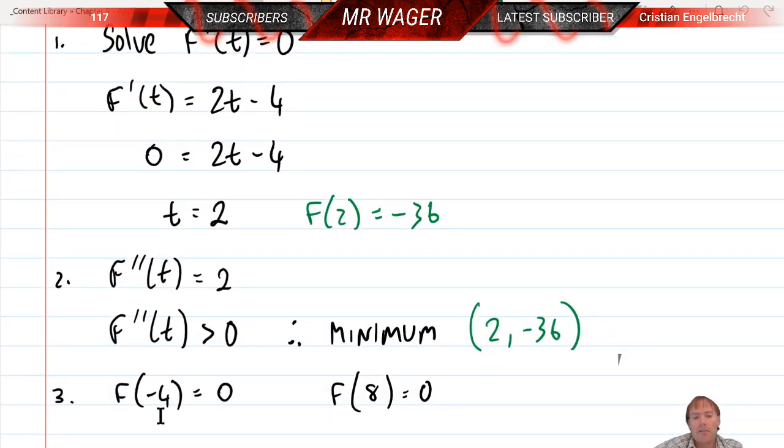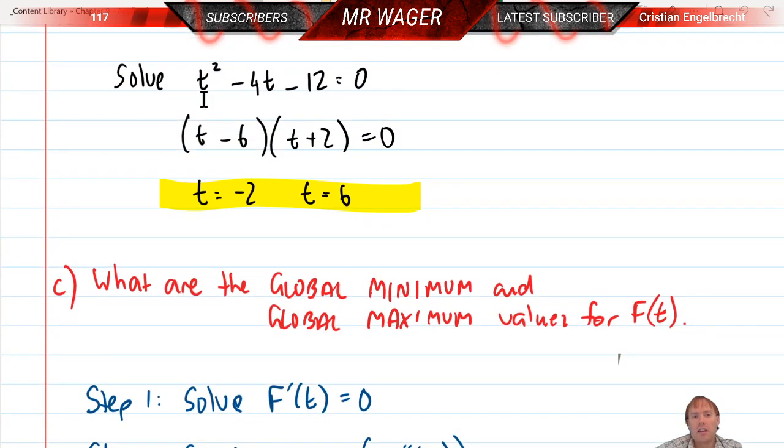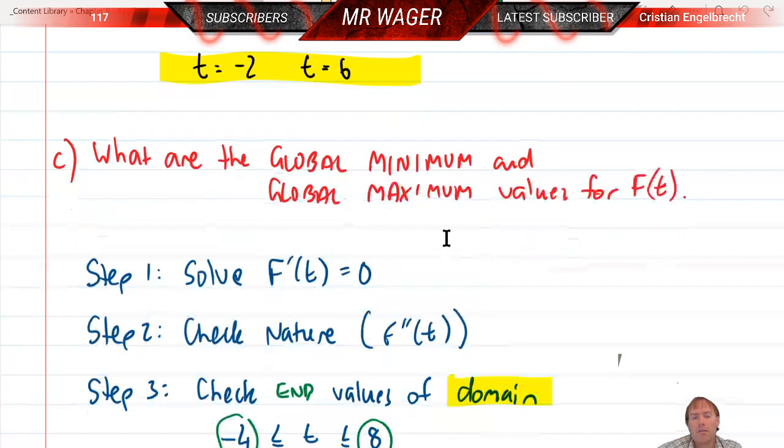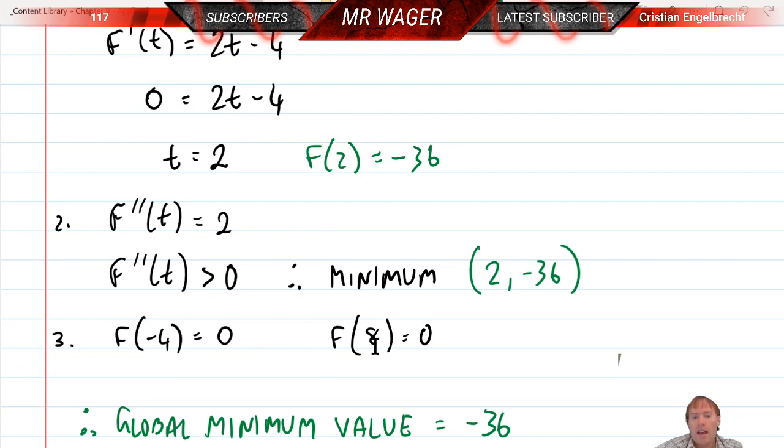So f of -4, if you substitute -4 back into our f of t function, t squared minus 4t take 12, you end up getting 0 for that one, and f of 8 is also 0. But let's just talk about this one here.